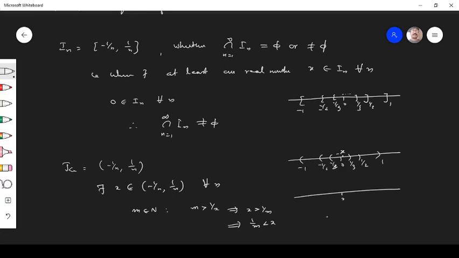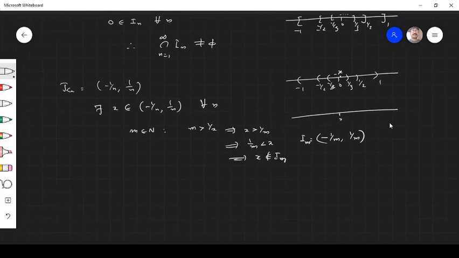Now consider the interval I_m = (-1/m, 1/m). Since x is greater than 1/m, it is very clear that x is not in I_m. So what does it show?